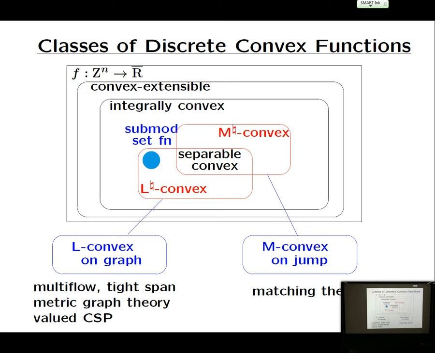And recent progress is to extend this concept to functions on graphs. This was done by Hirai to deal with the multi-flow problem. And here is valued CSP. If you have any questions, please ask Stand, not me. Okay, so these are backgrounds.